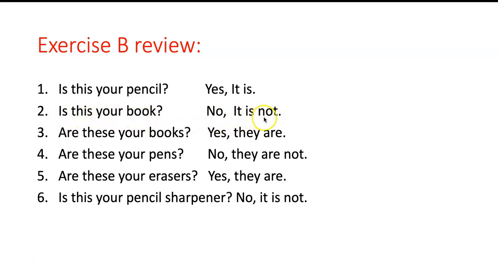No, it is not. Are these your books? Yes, they are. Are these your pens? No, they aren't, or they are not. Are these your erasers? Yes, they are. Is this your pencil sharpener? No, it is not. Okay?